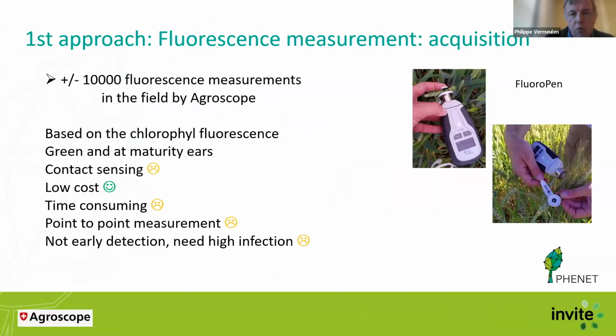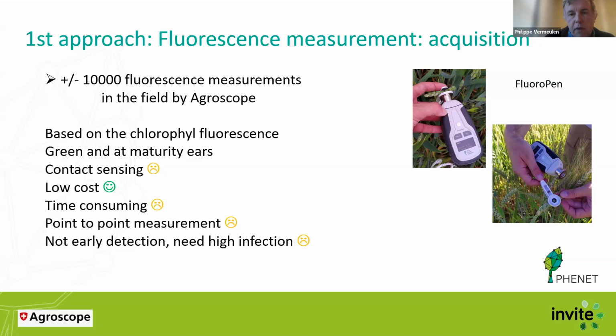The first approach concerns the fluorescence measurements using such a handheld device. This device is based on chlorophyll fluorescence. You can make the measure at different growing stages, when the ears are still green, but also at maturity.